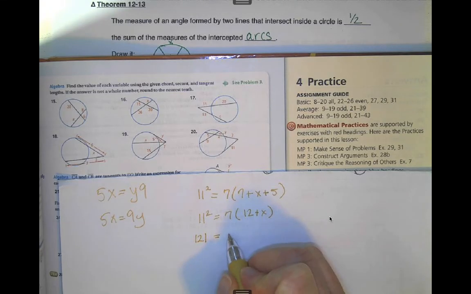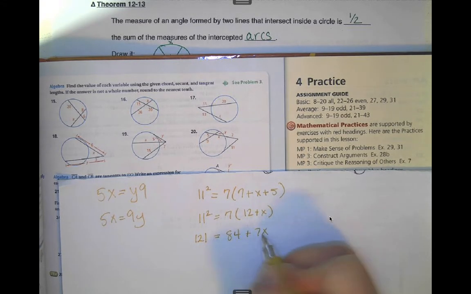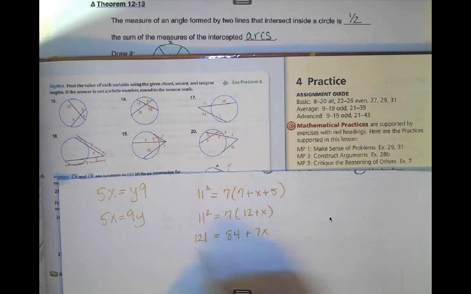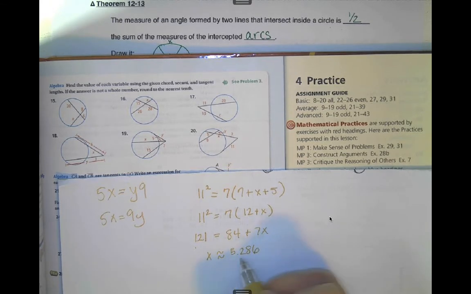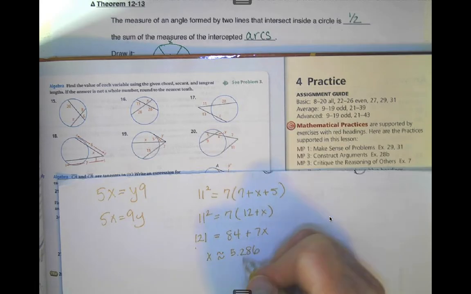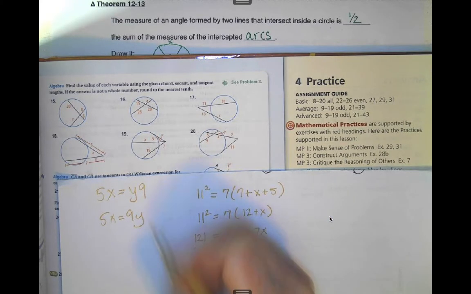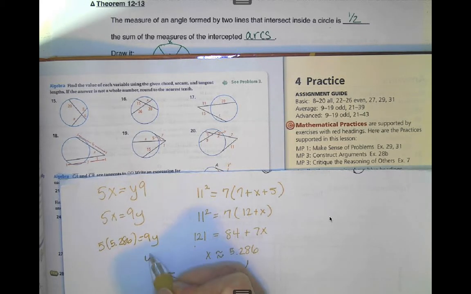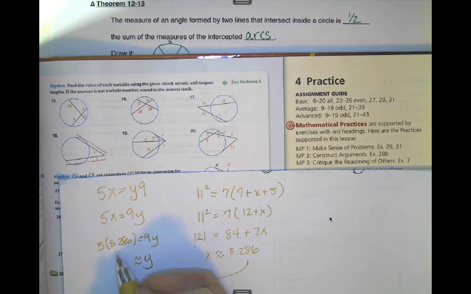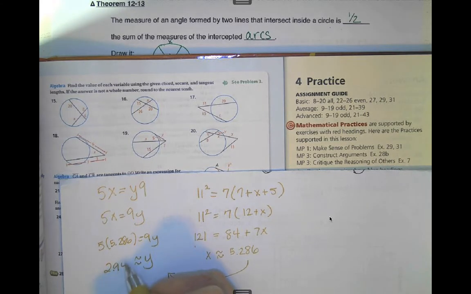So 11 squared is 121. Distribute the 7: 84 plus 7x. Subtract the 84. Divide by 7. You get approximately 5.286. And then you can take that x and plug it back in over here. When you solve that one, y ends up being approximately 2.94.